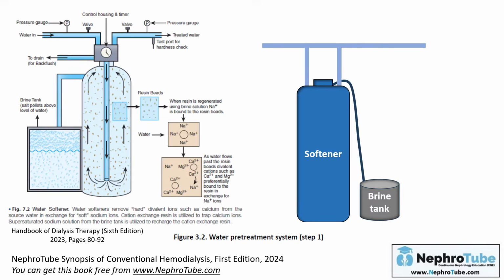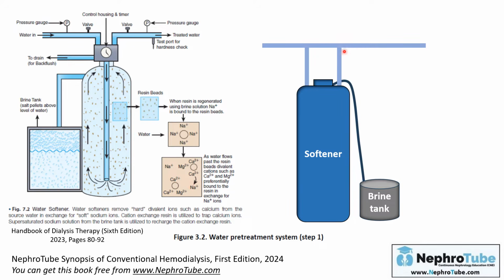I will show you how this softener works by showing you its internal structure. In this softener, there are resin beads. On these resin beads, sodium is attached. When water passes through these resin beads, they release sodium in exchange for calcium and magnesium, and the calcium and magnesium bind to the resin.